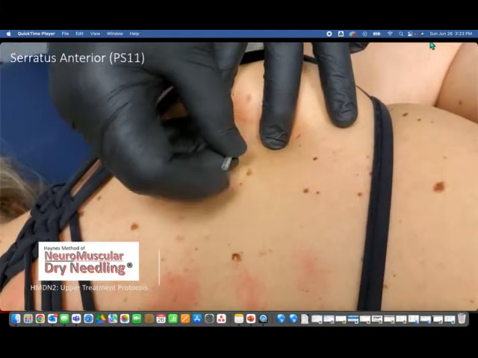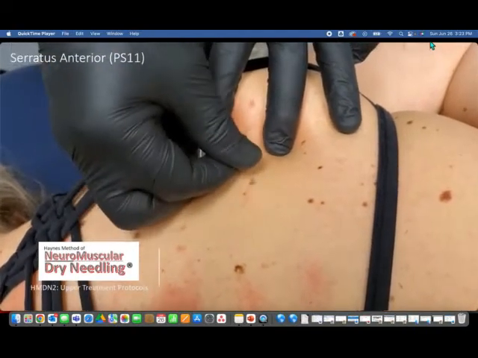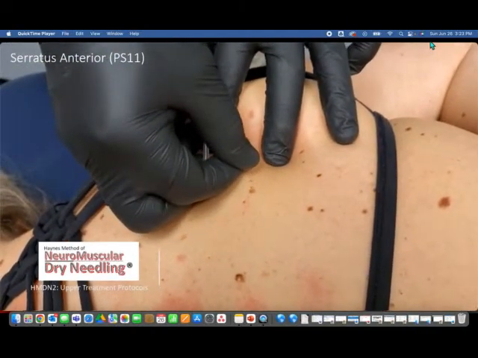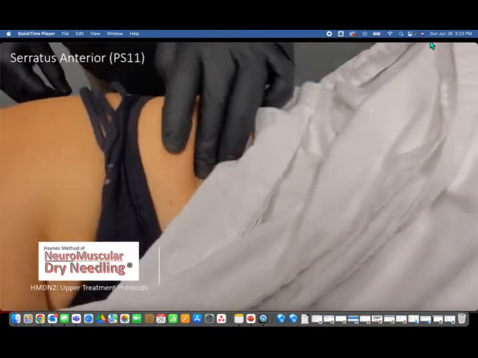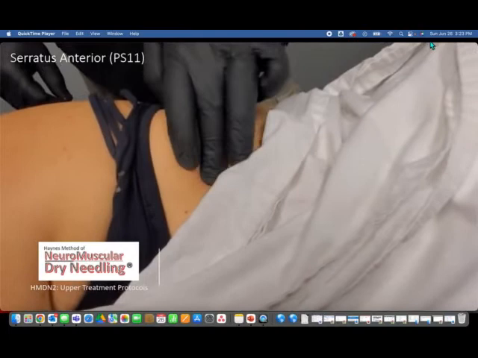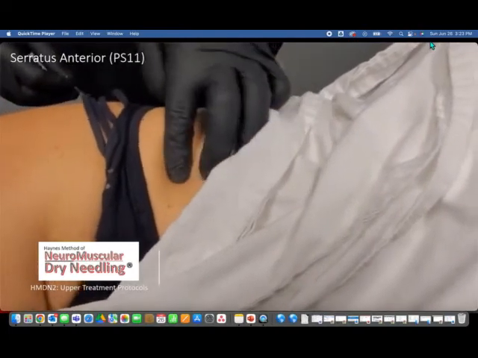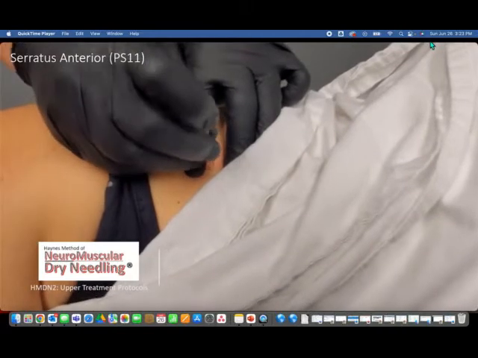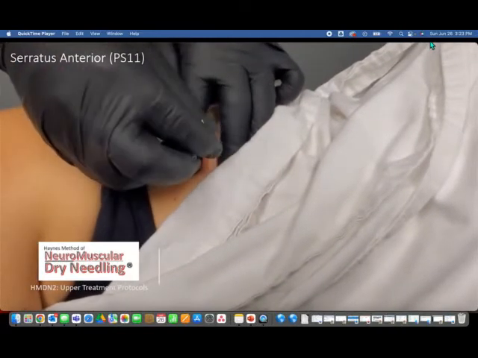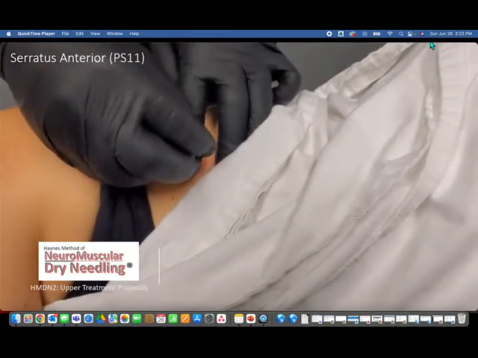Circumstances that I might consider needling onto the ribs are if they're having a hard time getting the hand behind the back, or if I just can't seem to get my needle placement to go to the anterior surface, then I might consider that alternative position on the side.